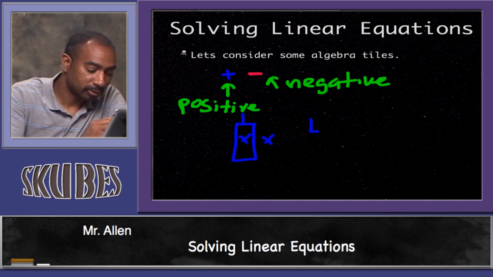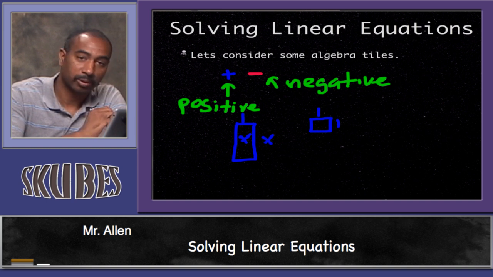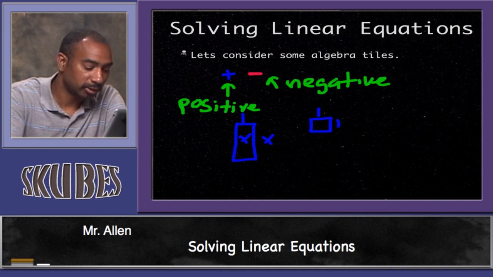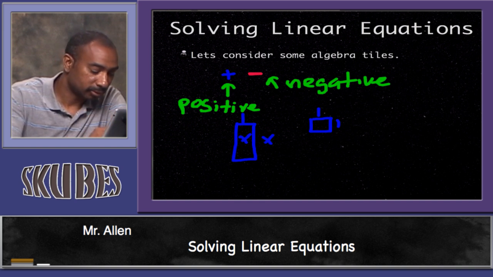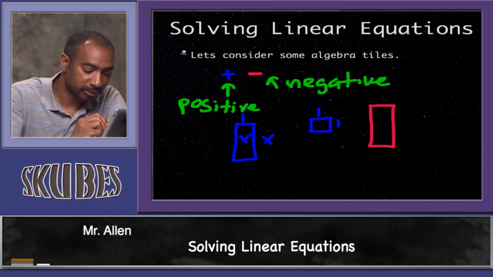And if you see a square, this is going to stand for a 1 by 1 square. So when you see that, just count that as a 1. Likewise, if you see a red rectangle, it's going to stand for negative x. And this will stand for negative 1.